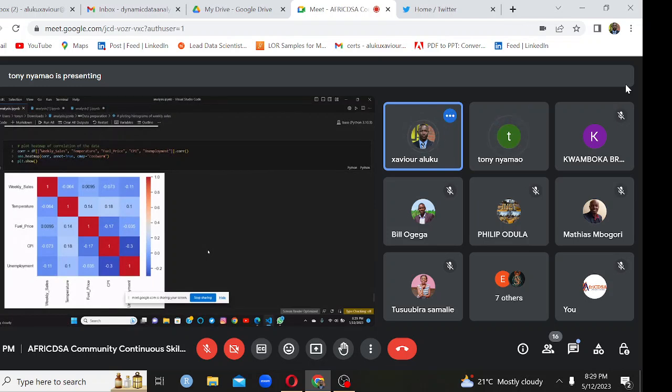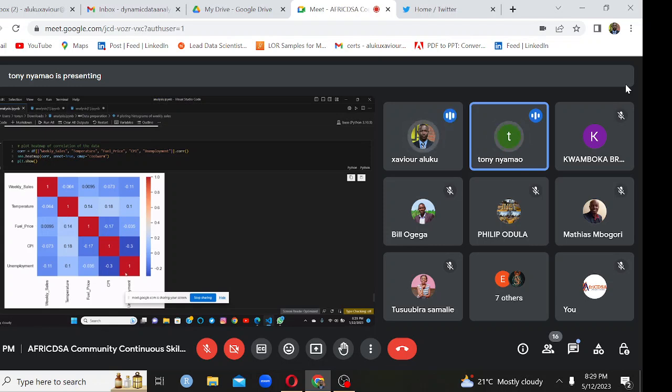Yeah, maybe you can come up again in case there was no one, maybe those who did not hear. For the heat map, it has a scale here where I'm pointing. So you could relate it with, let's say, the fuel price with the temperature like this, then that way you could relate it.